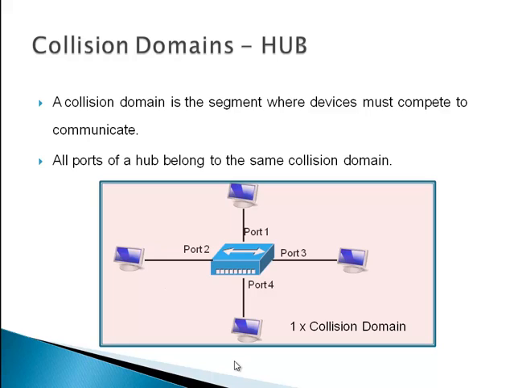This is not very good because there could be a lot of collisions in the network. If there's a collision, they have to wait for a random backoff timer until they start sending the data again. So remember that's the icon of the hub as well. I want you to pay attention to that icon, and it's one collision domain, hub.